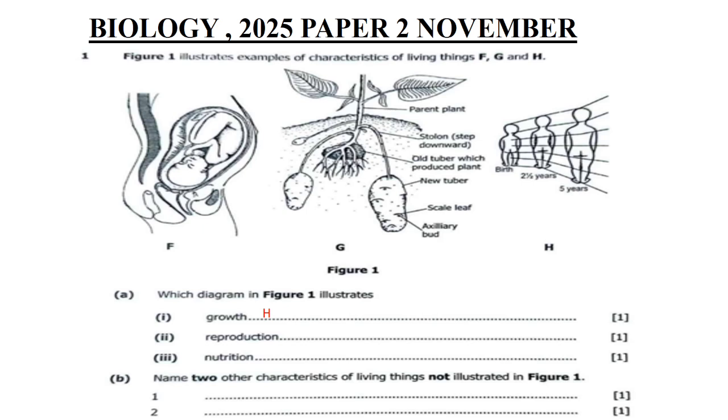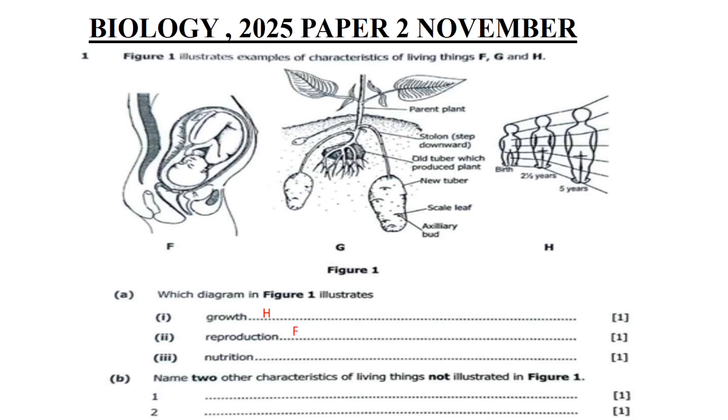All right, so reproduction. Remember reproduction, we said this is just the process where offsprings are produced. How are they produced? For instance, in sexual reproduction, the male gametes and the female gametes fuse to produce a zygote. So which figure here is depicting reproduction?